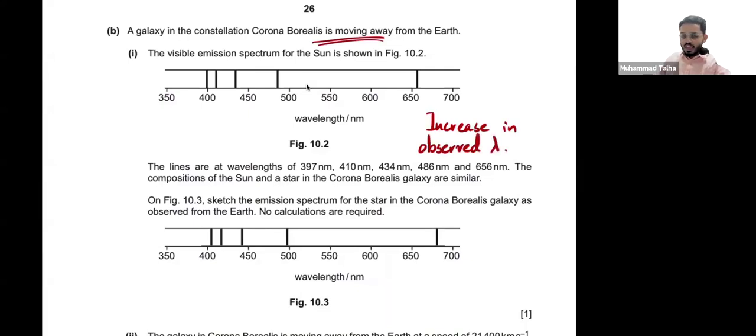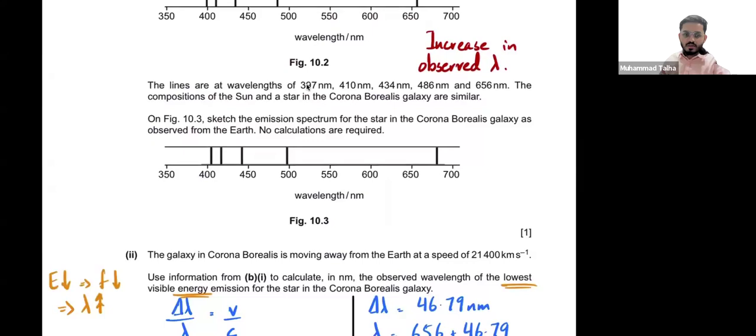So I have the same wavelengths, but slightly shifted out towards the right. What I literally just did, I took a screenshot of this and I pasted this, but slightly further out to the right. So this becomes this value, this becomes this value, this becomes this value, this becomes this, and this value becomes this one. So all of the wavelengths are red shifted, right? So the wavelengths have increased.